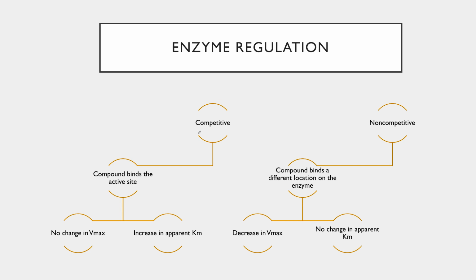The regulation of Michaelis-Menten type enzymes falls into two major categories: competitive and non-competitive. Competitive inhibitors will bind the enzyme at the active site. Many of these competitive inhibitors function as substrate analogs. Under these conditions, in the presence of a competitive inhibitor, a higher substrate concentration is required to achieve a half maximal rate.